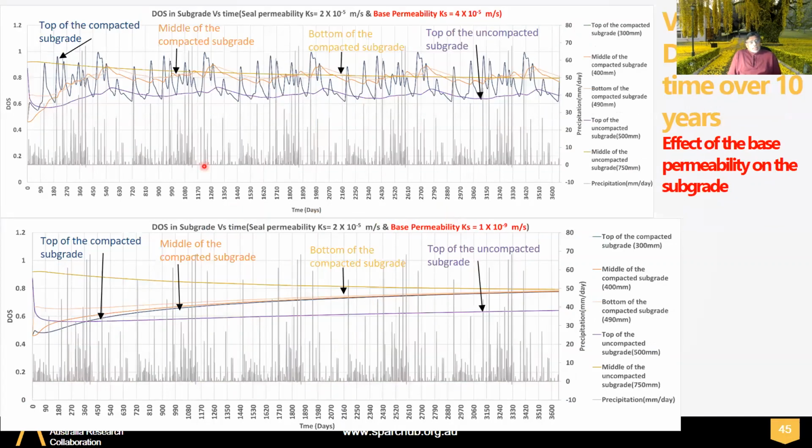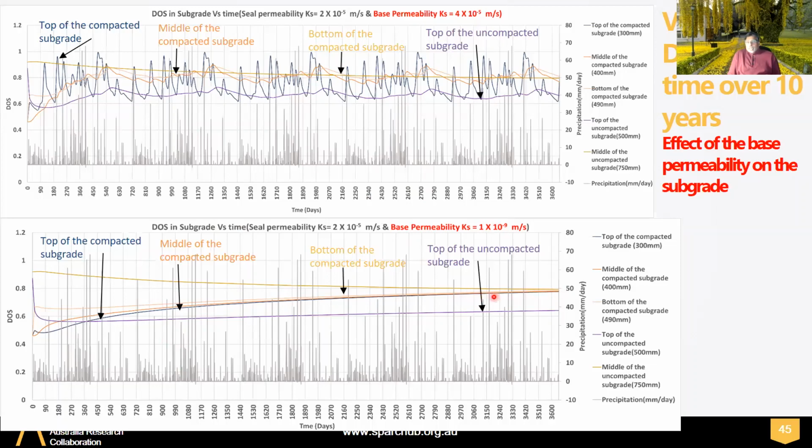So here you can see a scenario where, in the long term, base permeability is increased, and it shows the results in the long-term comparison for the subgrade. But the subgrade likes to go back to that 0.8 again, regardless of base permeability being reduced. That's because of that equilibration, right?